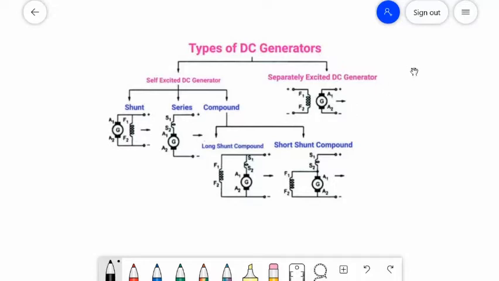These are those whose field magnets are energized by the current produced by the generators themselves. When the armature is rotated, some EMF and hence some induced current is produced, which is partly or fully passed through the field coils, thereby strengthening the residual pole flux.